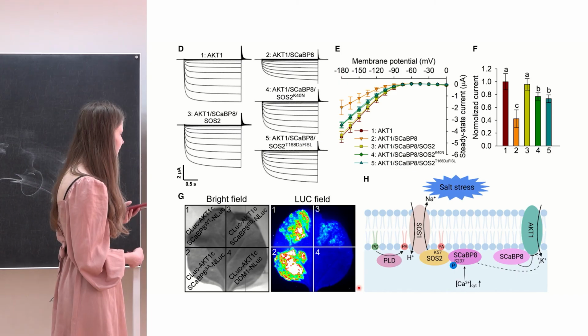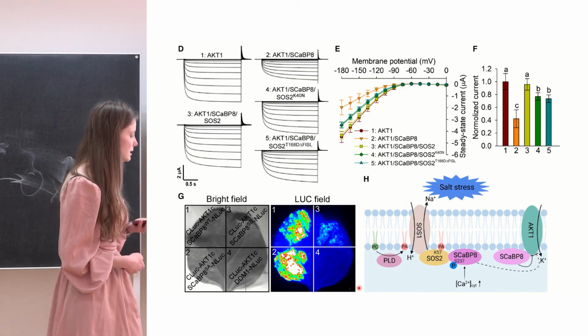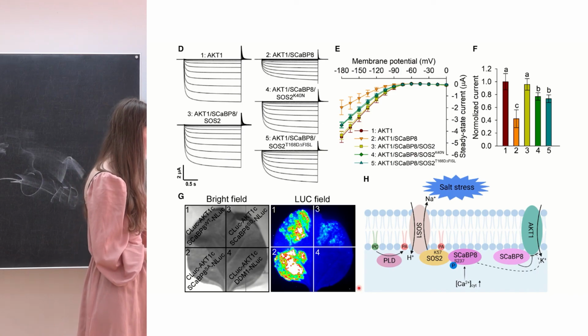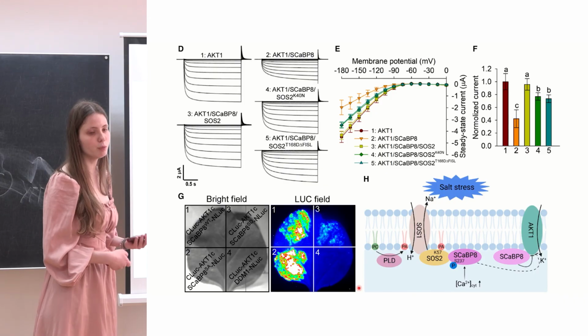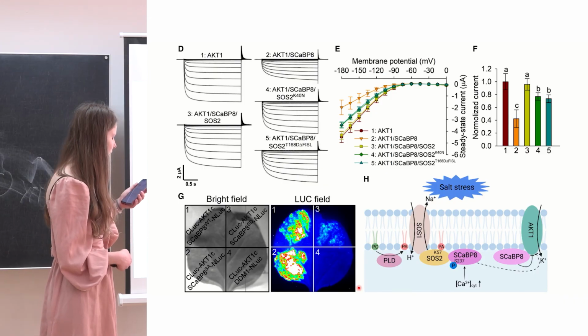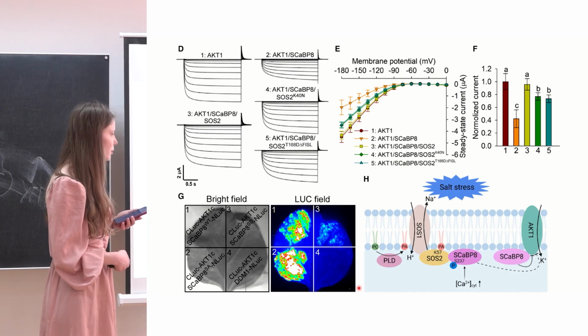Ну и, соответственно, это может говорить о том, что нам необходимо фосфорилирование для того, чтобы произошло взаимодействие AKT1 и СКПБ8.